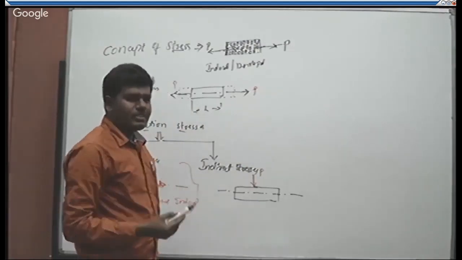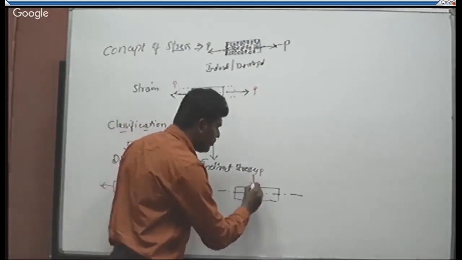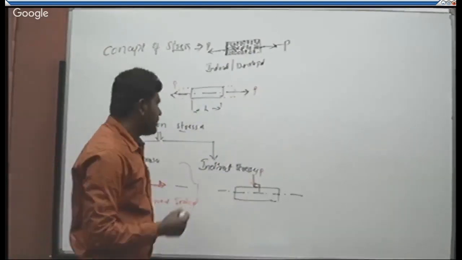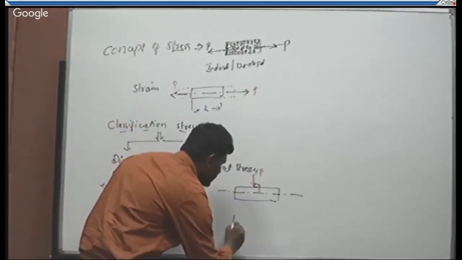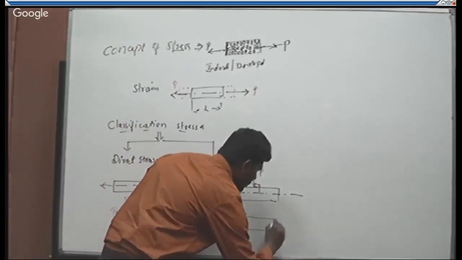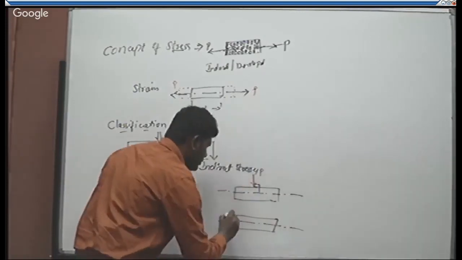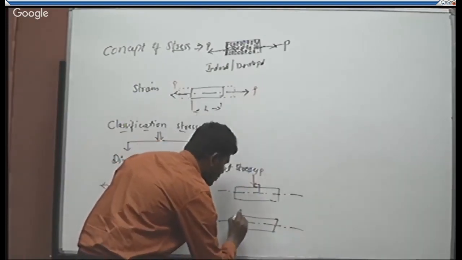In this case, the line of action of the force is perpendicular to the axis of the member. Take another condition, where a bar is subjected to twisting like this.